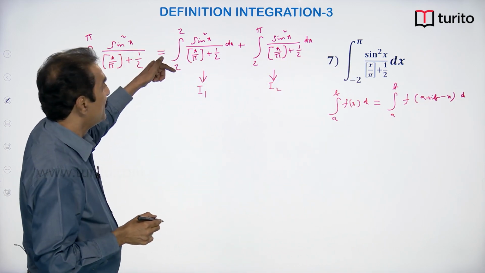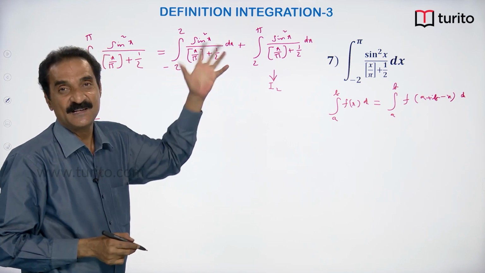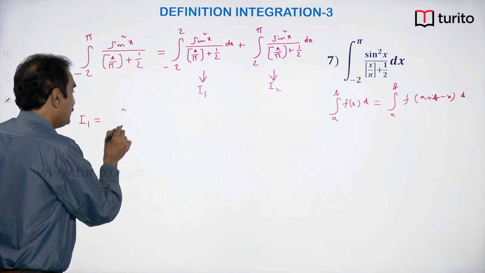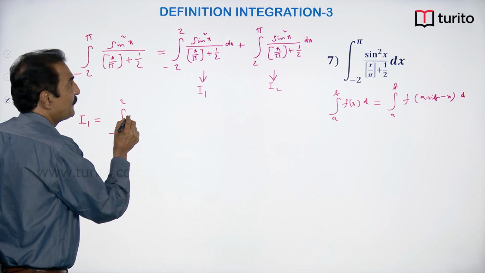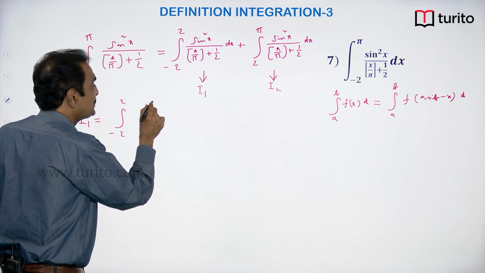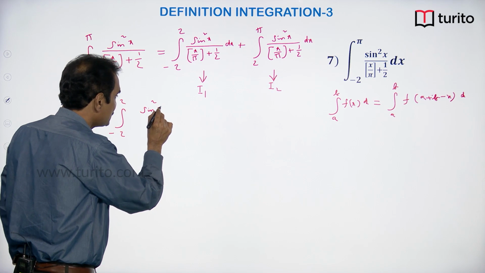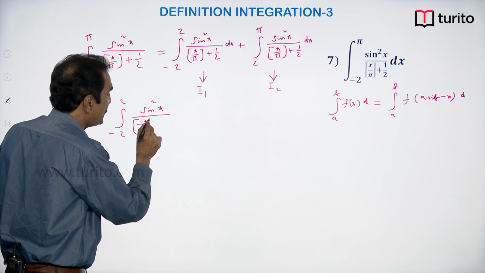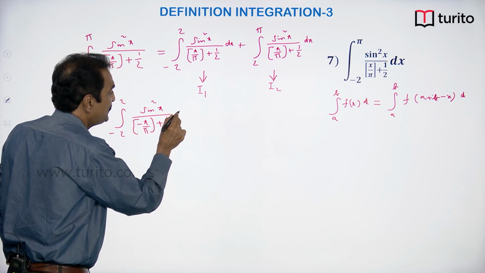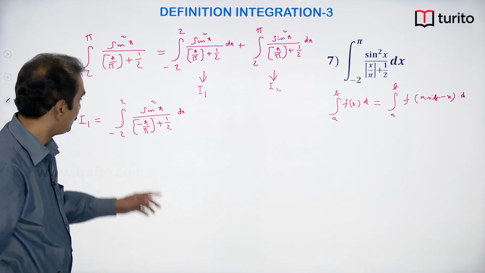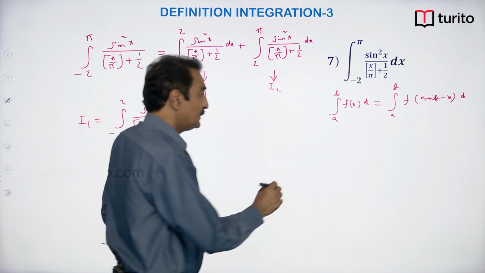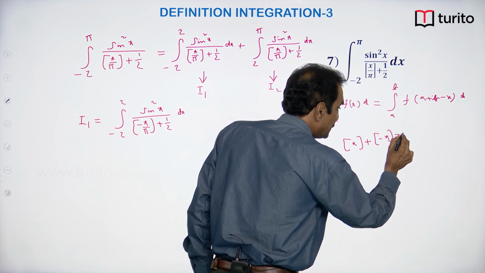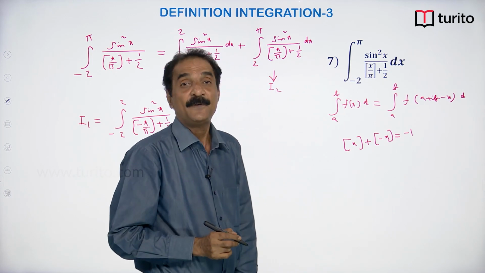Here what are a and b? Minus 2 and plus 2. A plus b minus x means minus x. If you replace x by minus x, it remains same. So I will write it as minus 2 to 2 sine square of minus x is sine square x by denominator is integral part of minus x by pi plus 1 by 2 dx. Now integral part of x plus integral part of minus x will be minus 1 if x is a non-integer.